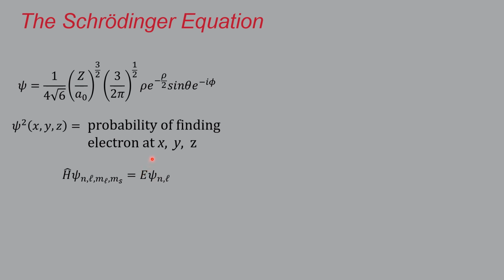One of the interesting and also very important things that comes out of this is that the energy depends on only two of the four quantum numbers. The energy depends only on n and L. The parts of the function that depend on m sub L and m sub s end up dropping out of this treatment. So the energy depends only on n and L, and that's kind of important.